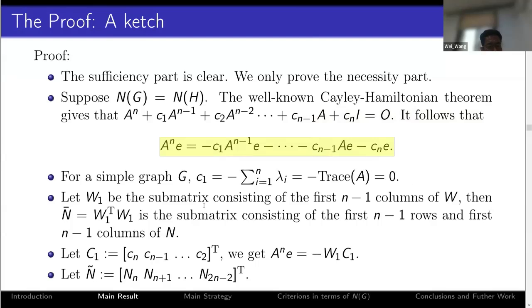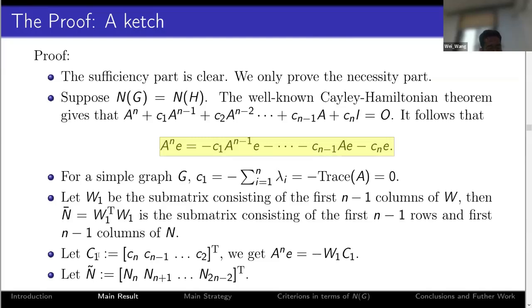Let W_1 be the submatrix consisting of the first n minus 1 columns of W. We have N-bar equal to W_1 transpose multiplied by W_1. It's a submatrix consisting of the first n minus 1 rows and the first n minus 1 columns of N.